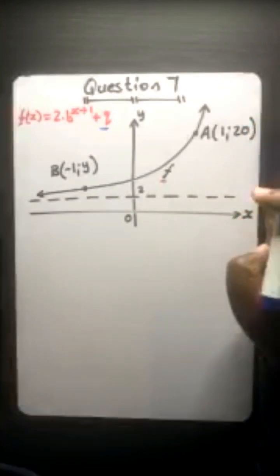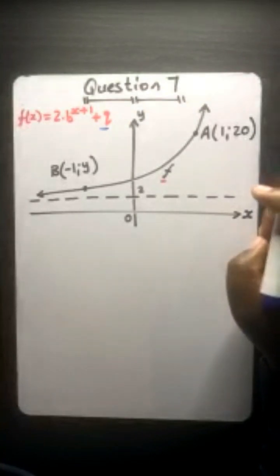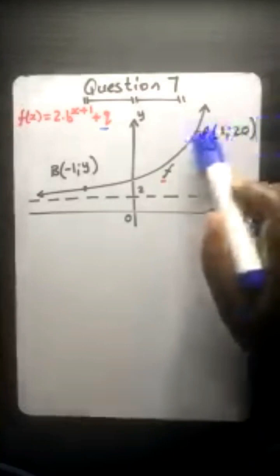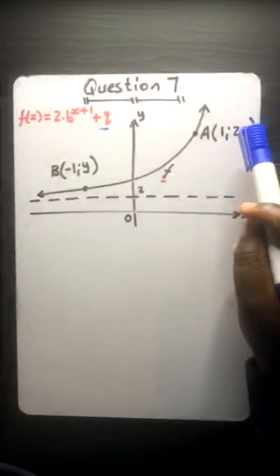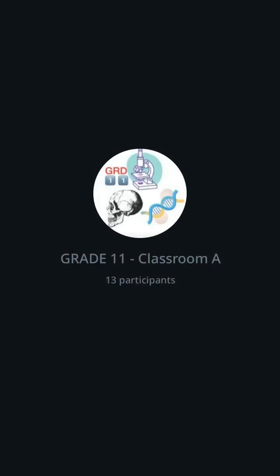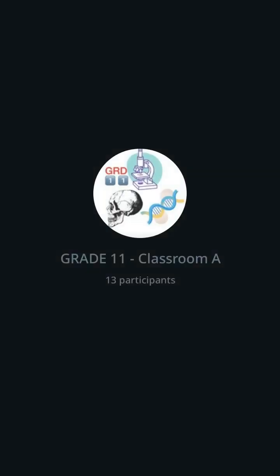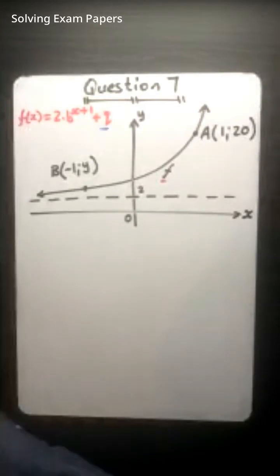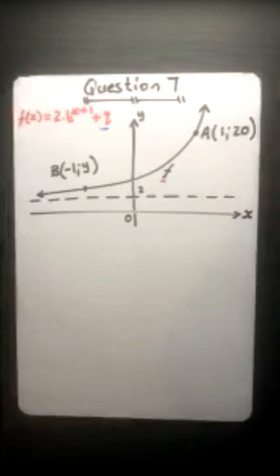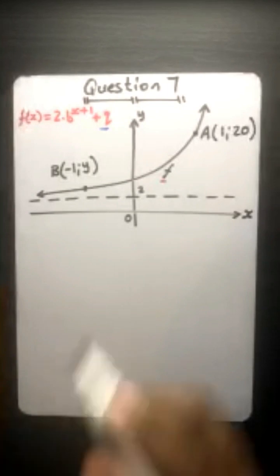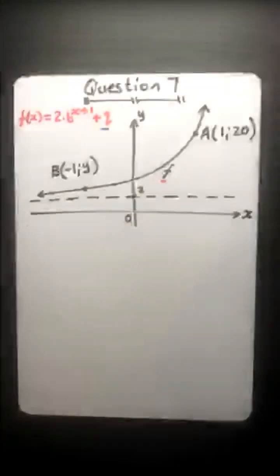The second part says the graph of f passes through the points A and B. There is A and there is B, having those coordinates. The line y is equals to 2 is an asymptote of f, meaning that point there is actually 2.